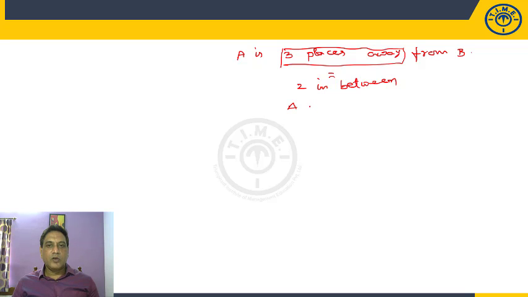So A, 2 persons, B, or it can also be B, 2 persons, A, because this statement does not tell us whether it is towards right or left. That information is not there. Okay. A is 3 places away from B means it is either right or left, 2 in between. Okay. Next one.